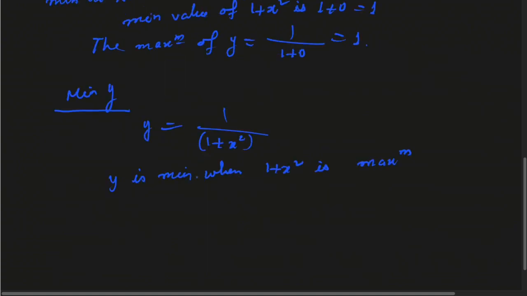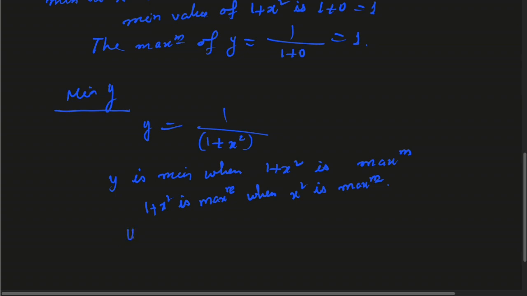And 1 plus x square is maximum when your x square is maximum, and the maximum value of x square can be infinity, right?